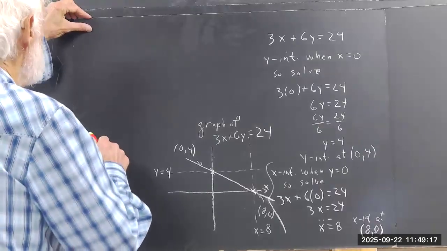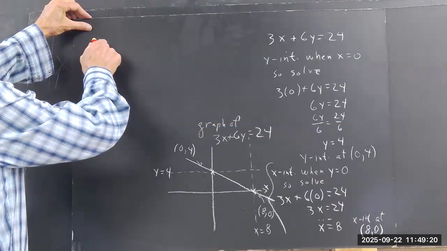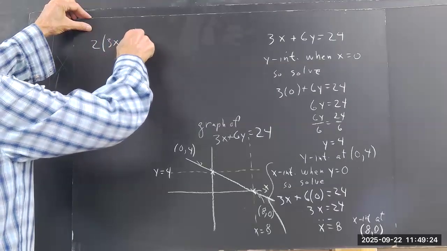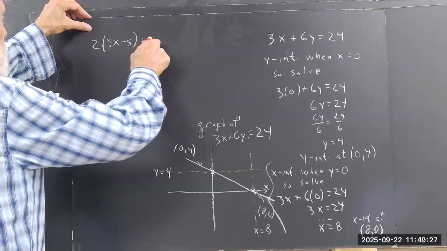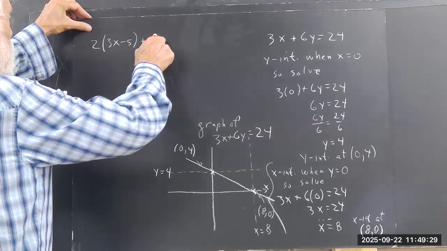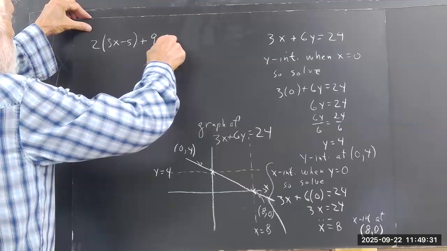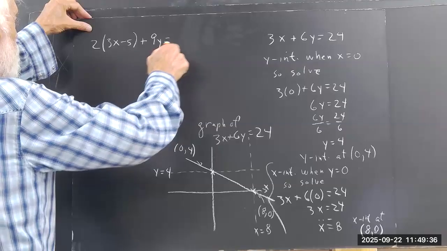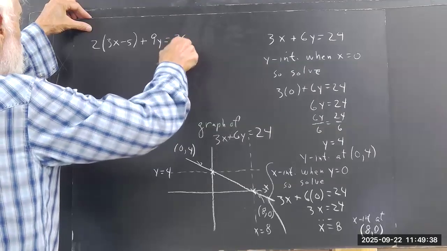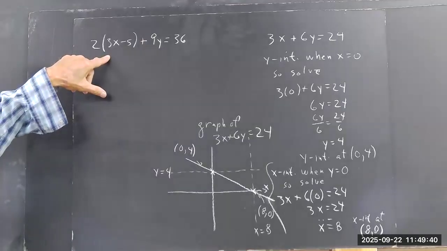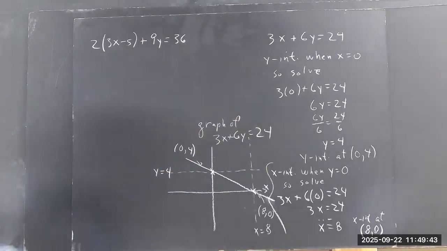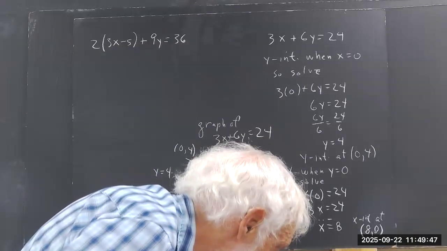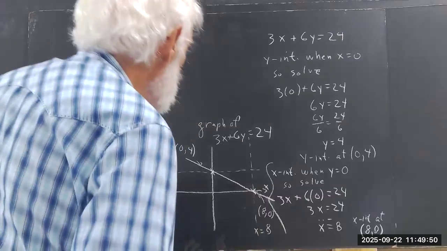Okay, how about, let's see you construct a graph for this by finding the intercepts. Let's see you write out the words, preferably to show me that you can do it.